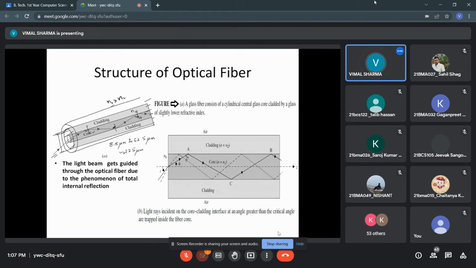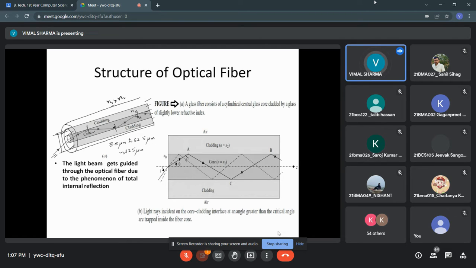We also discussed that every ray cannot be propagated, transmitted through the optical fiber. For a ray to propagate through the optical fiber, the total internal reflection condition at the core cladding interface should be fulfilled. And the rays which fulfill this condition will only propagate through the optical fiber.